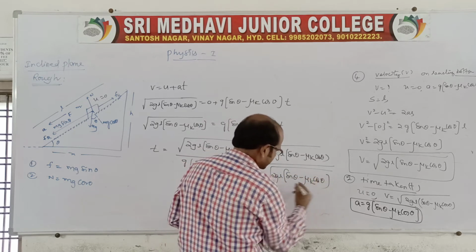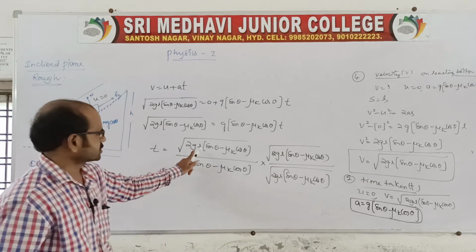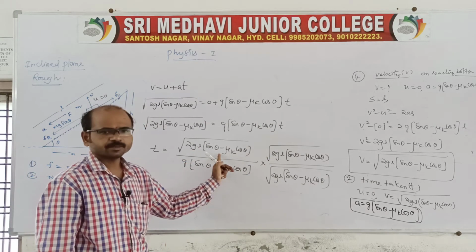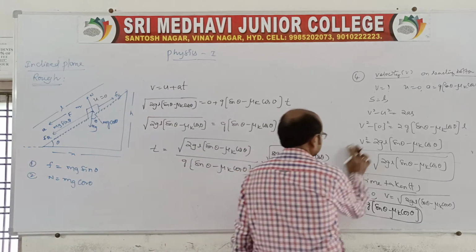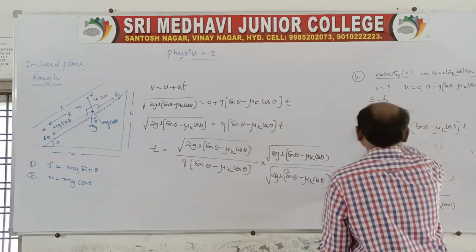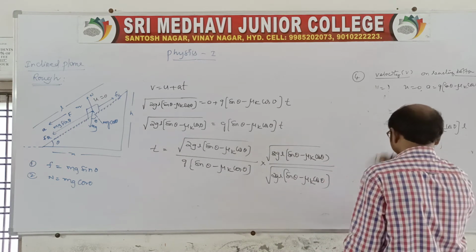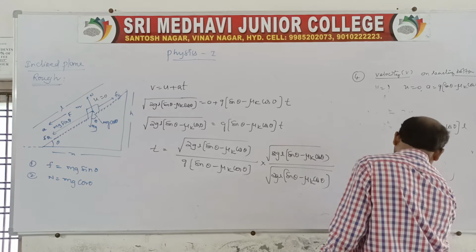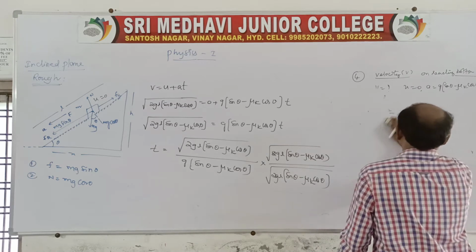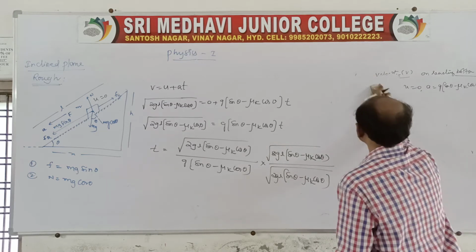If you rationalize like this, what will happen? This root into root becomes cancelled. Therefore we'll get the final expression for the time taken to reach the bottom.